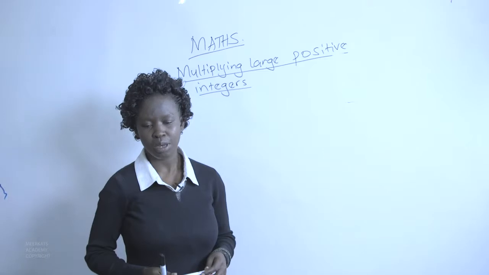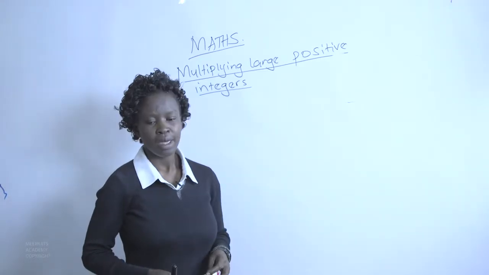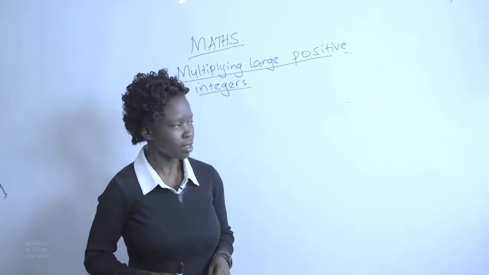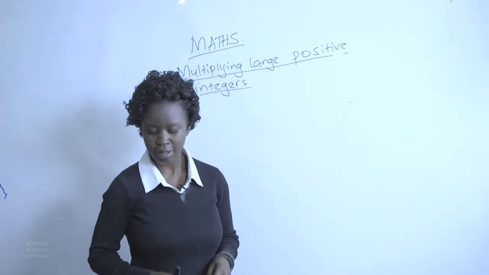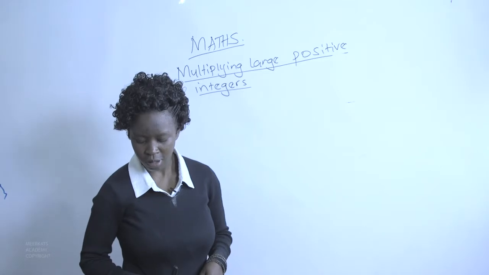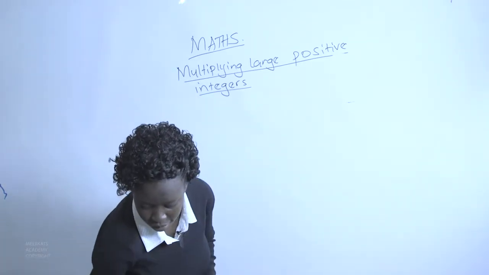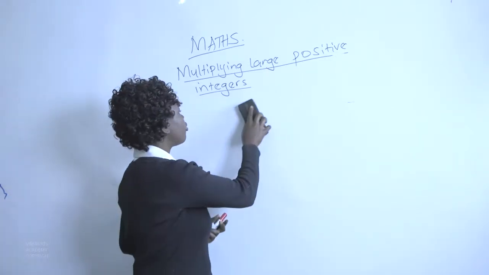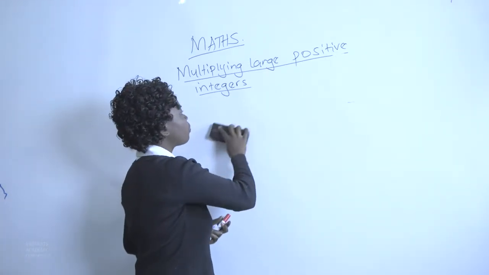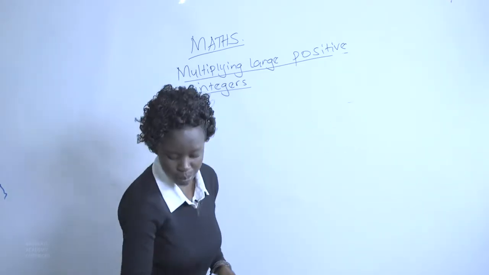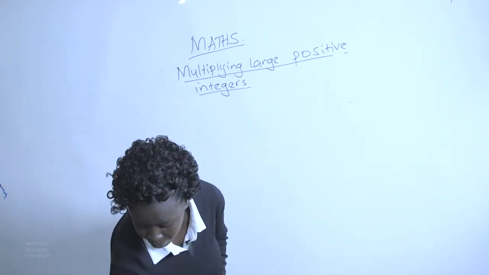The answers obtained are added, and whatever sum you get is what will be given as the product. So we look at an exercise that is involving multiplication of positive integers.